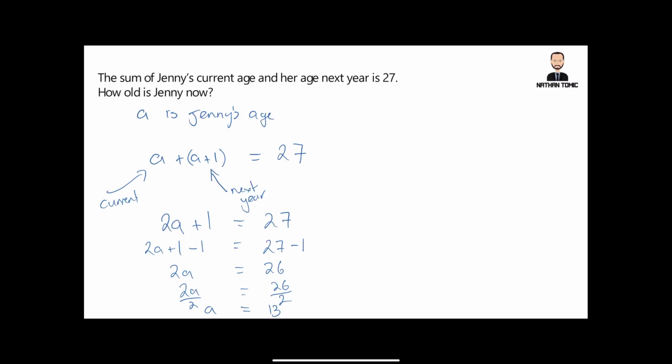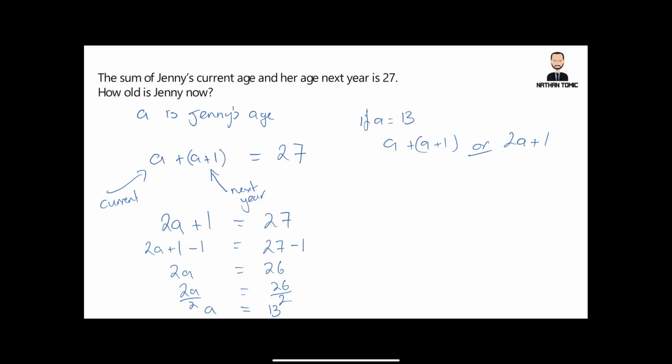I've just run out of room there a little bit. Now, it's very important that once we have found our value for A, we always want to prove that it's true. So up the top here, I'm going to say if A equals 13, and if our expression is correct, where we have A plus (A plus 1), or we could also use the other version we did, which is 2A plus 1.